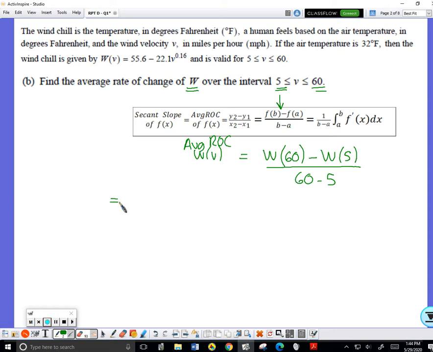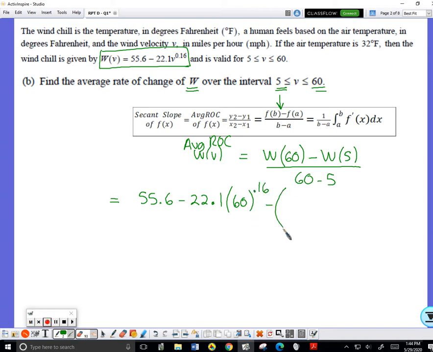Let's keep going here. I have a formula for W. I don't have to work anything out, just have to plug things in. So that's going to be 55.6 minus 22.1, plug in 60 for the velocity, exponent is 0.16.